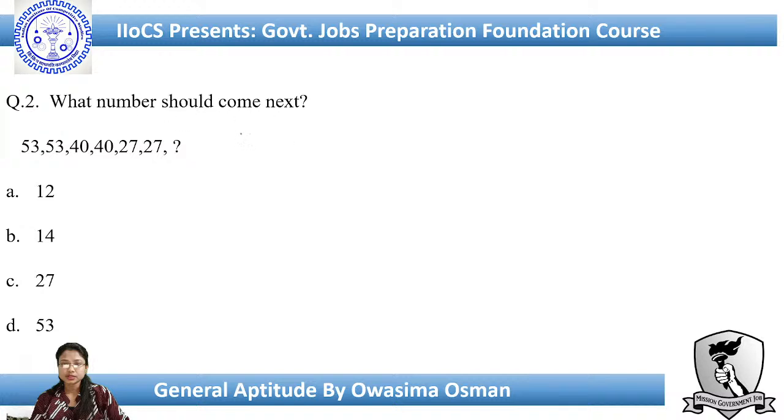We can see that 40 is less by 13 than 53, and 27 is less by 13 than 40. Every digit is repeating twice, so we have to do 27 minus 13, which is 14. So our answer is option B, 14.